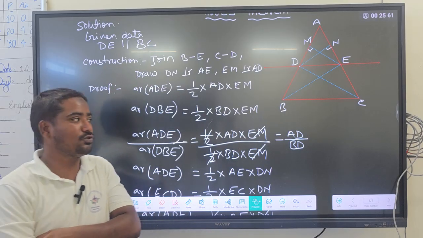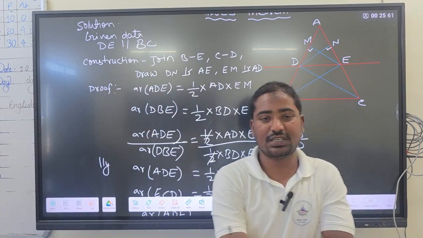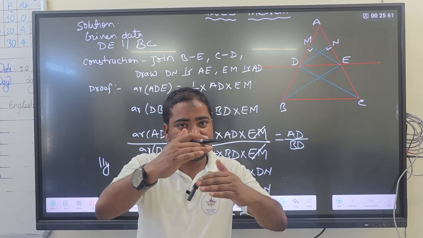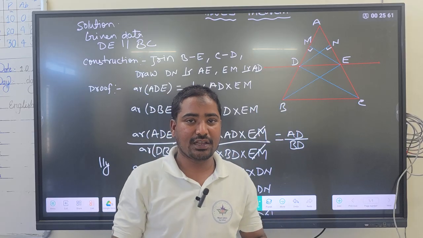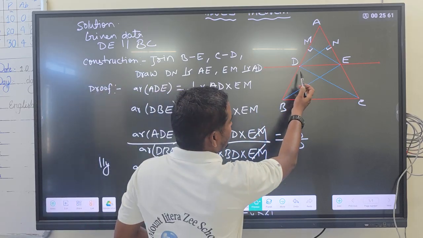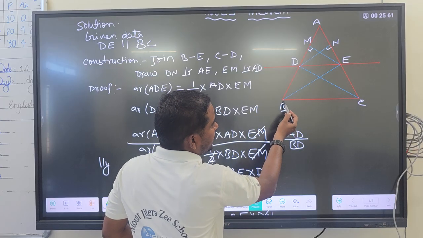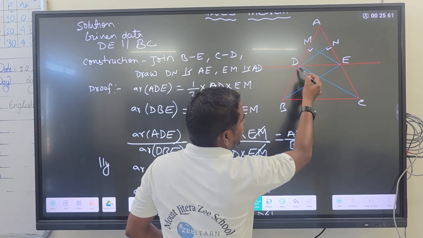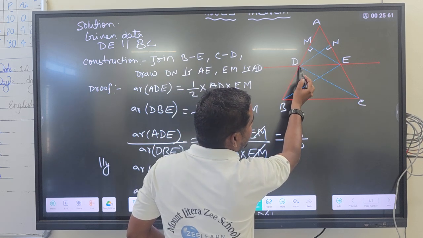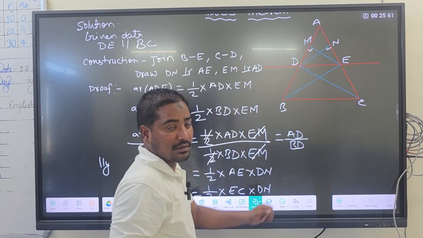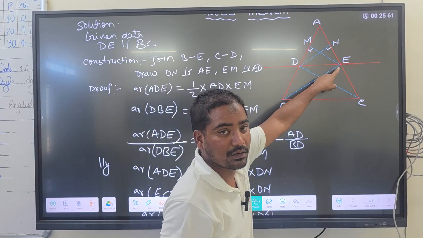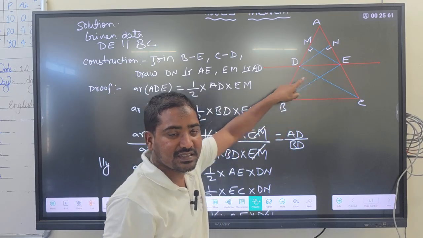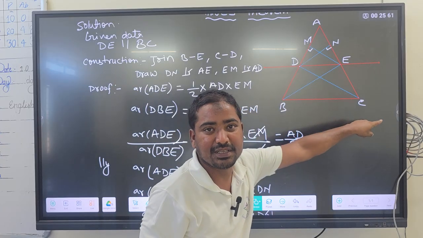Now here one more concept you have to recall, students, that we have studied in 9th standard: if two triangles are on the same base and between the same parallel lines, then their areas are equal. What I want to say is that see here this triangle DBE and triangle ECD, these two triangles are on the same base DE and between the same parallel lines DE and BC.